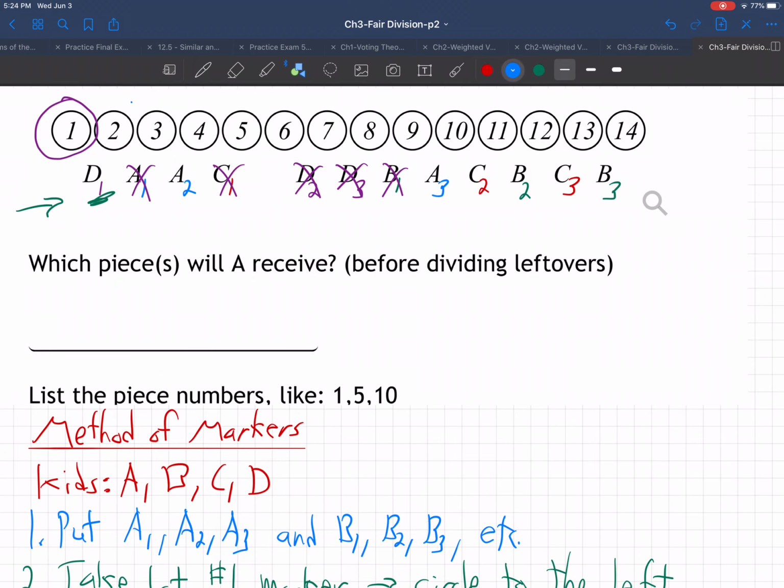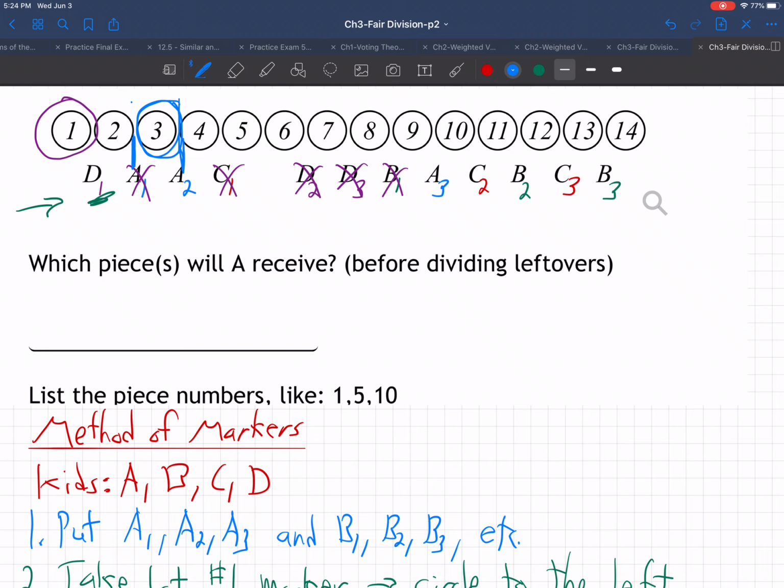So what I'm talking about is this. From the left, what's the first number 2 marker? Right there, A2. But only go to there. Why didn't I go all the way to the 2? Because see where A's other marker was? Right here and right here.